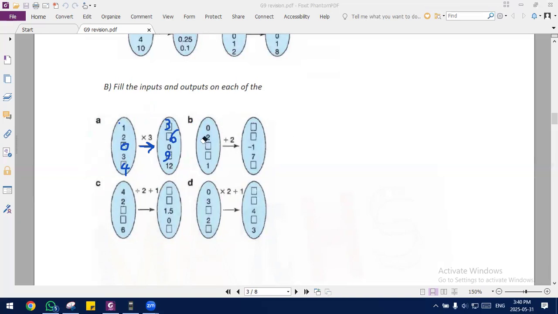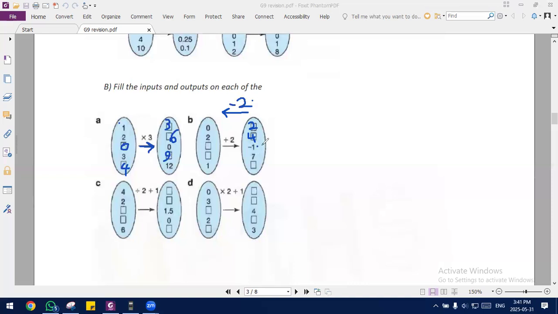Now B. What do we have? Plus 2. 0 plus 2 is 2. 2 plus 2 is 4. Then minus 1 plus 2 is 1. Then 1 plus 2 is 3. No, look, I told you, if you are going the opposite direction, do the opposite. What is the opposite of plus 2? Minus 2.